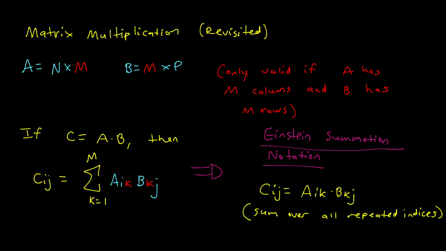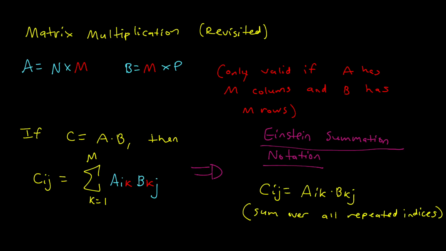This will only work if A is an n by m matrix and B is an m by p matrix, where n, m, and p are arbitrary positive integers. Otherwise, the matrix product of two matrices is undefined.